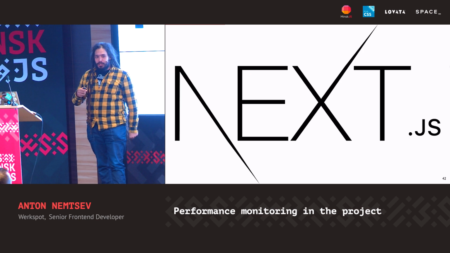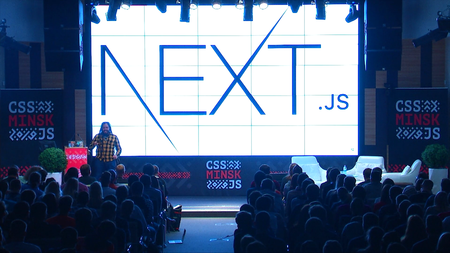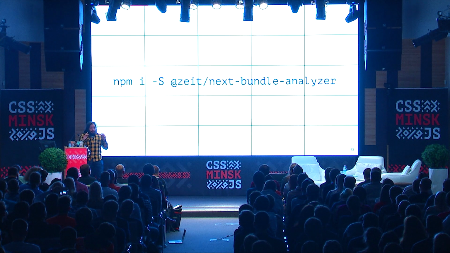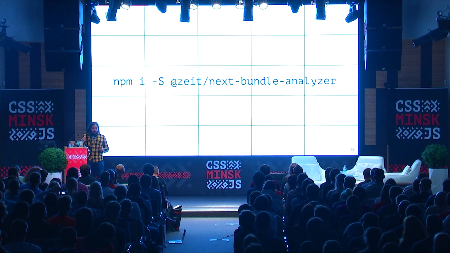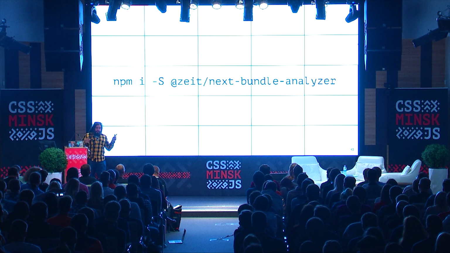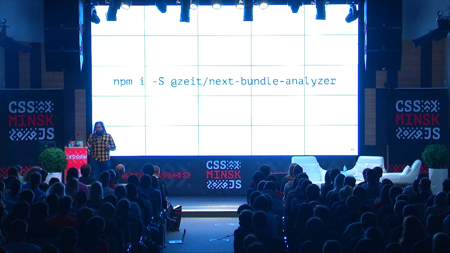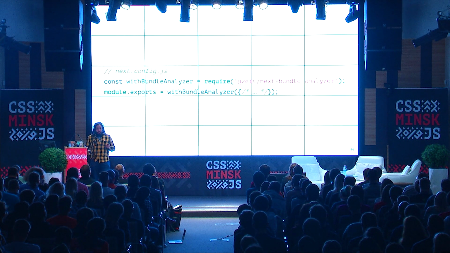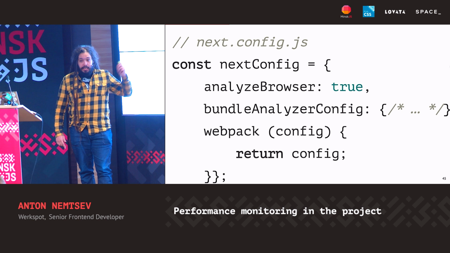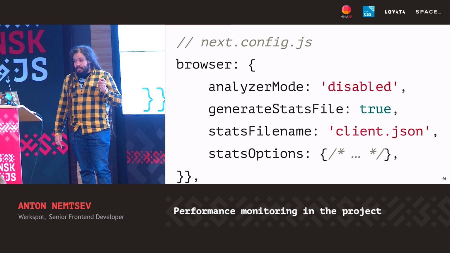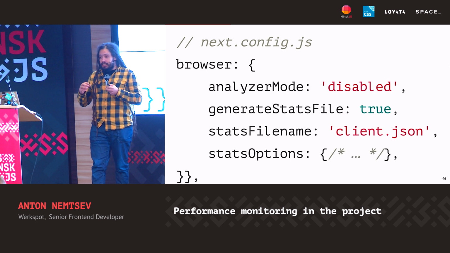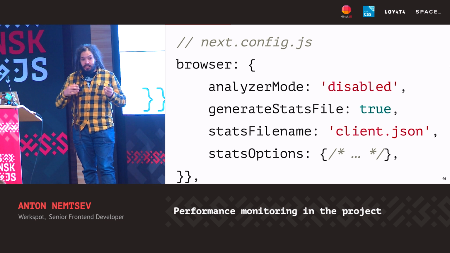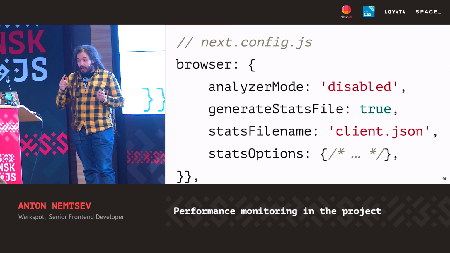Right, the Next.js. And if we are using Next.js, then perhaps let's install a plugin, Next Bundle Analyzer. You also have it for Webpack, but anyway, we add it as a decorator in the next.config.js, set analyzer bundle to true, set analyzer mode to disabled and stat file name to get a JSON report instead of immediate information, and its stat options.